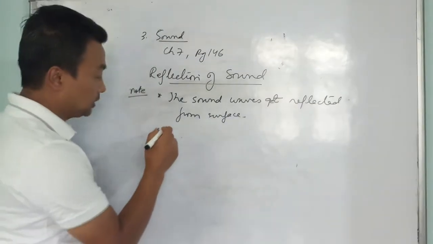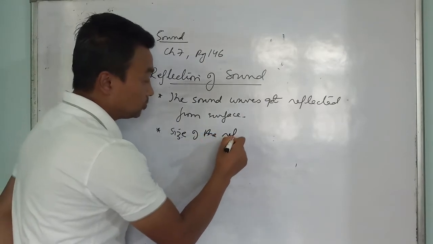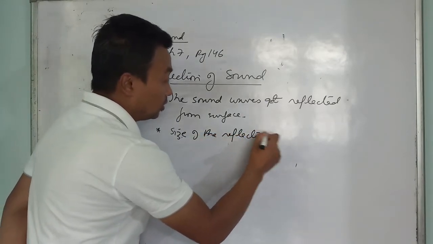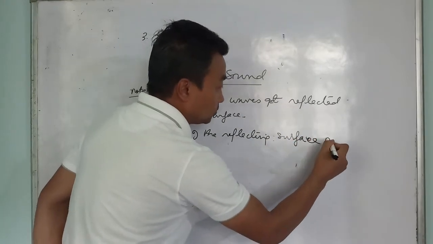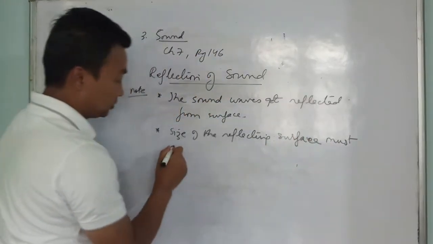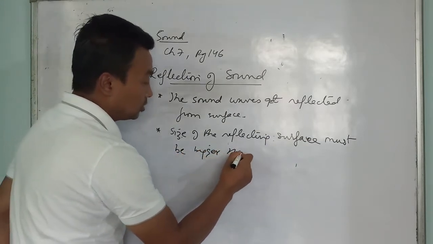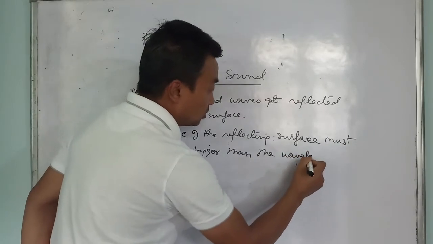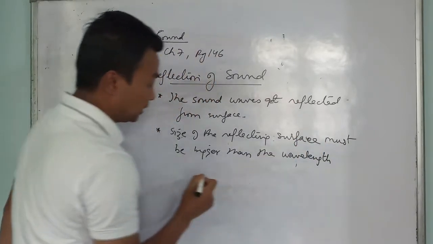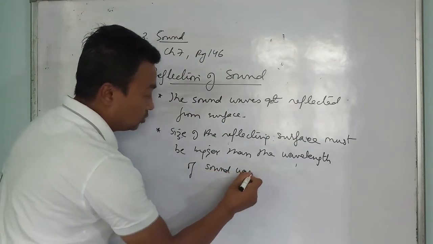So let us write down that the size of the reflecting surface must be bigger than the wavelength of sound waves.